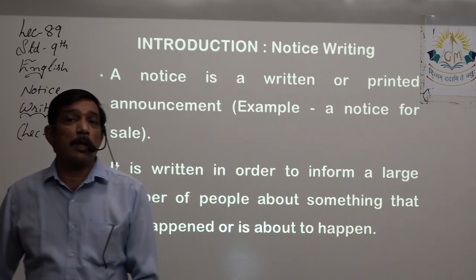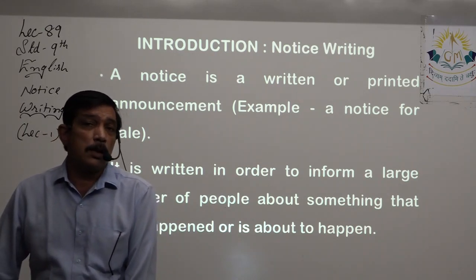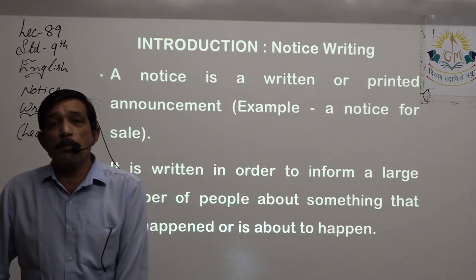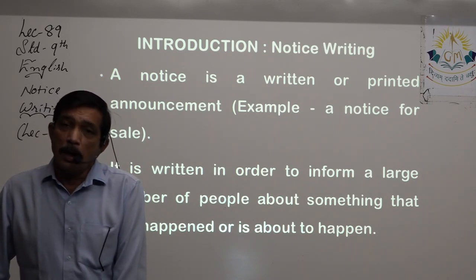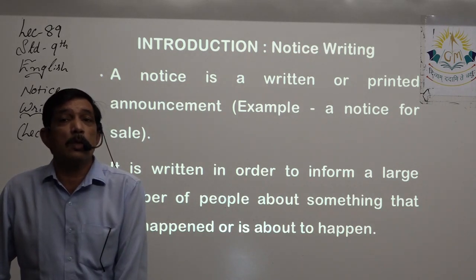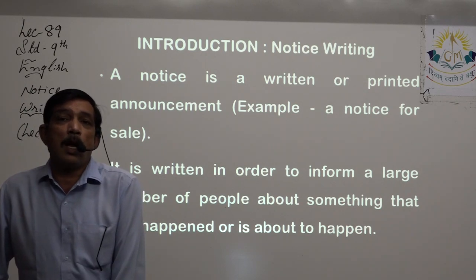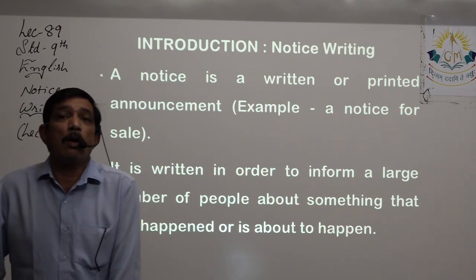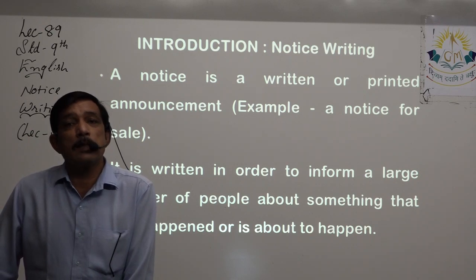The second example, as we know, if you are living in a society, if you are living in a flat, all of them will have a central place, that is a notice board, where notices are displayed on a daily basis or on a need-to-know basis, or as and when required.